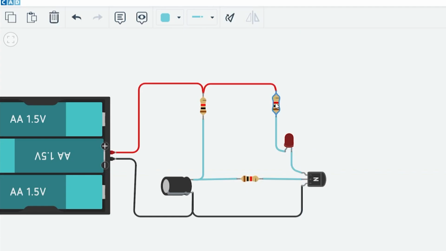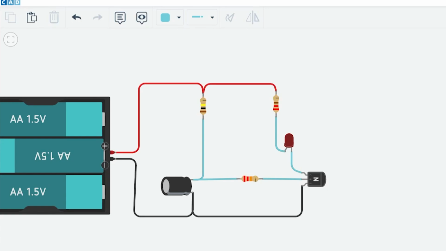Okay, let's change these values to 20 ohms, and let's change this to like 22k. Now let's change this to 100 kilo ohms and this to 1000 microfarads.